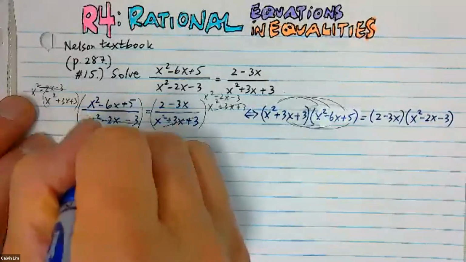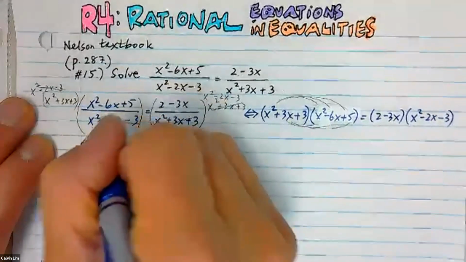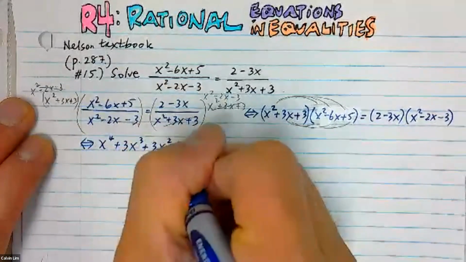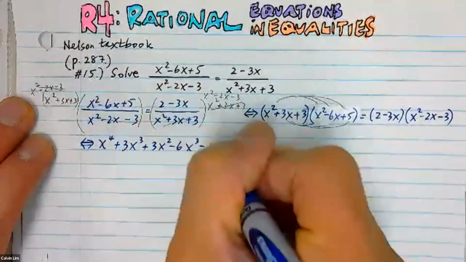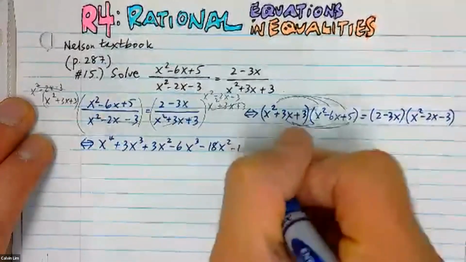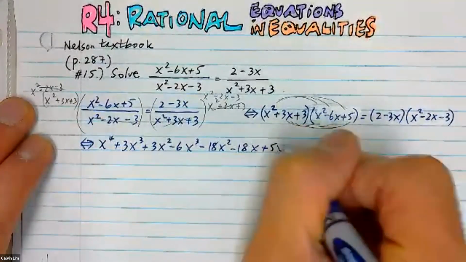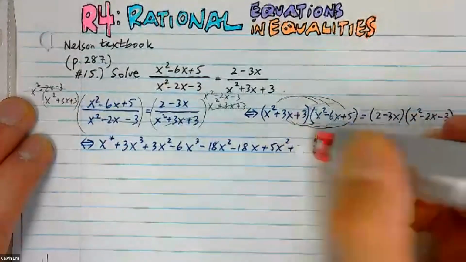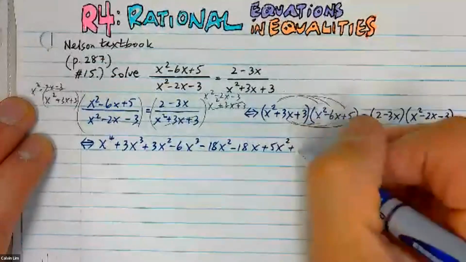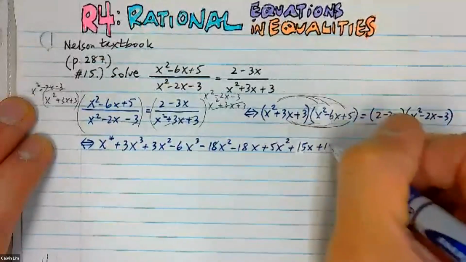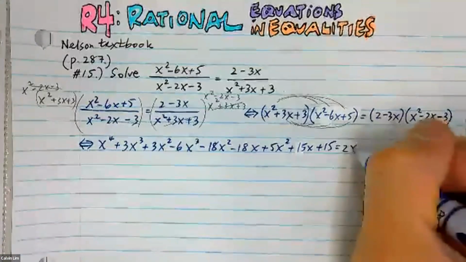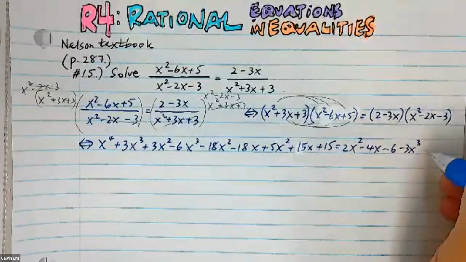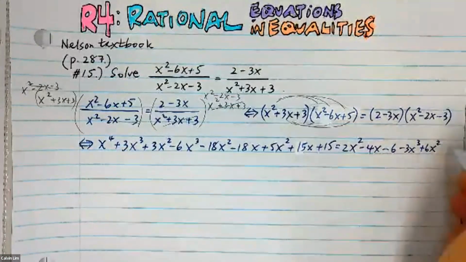So the left side is, I have x to the fourth plus 3x cubed plus 3x squared minus 6x cubed minus 18x squared minus 18x plus 5x squared plus 15x plus 15 equals 2x squared minus 4x minus 6 minus 3x cubed plus 6x squared plus 9x.